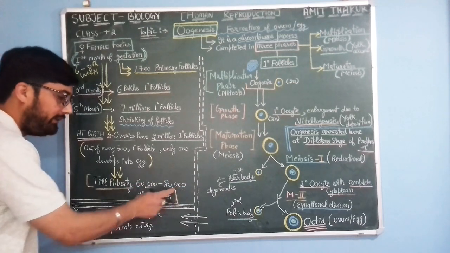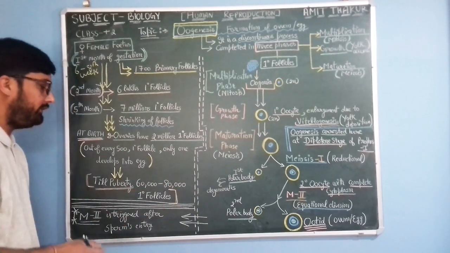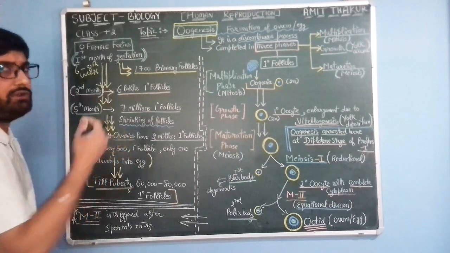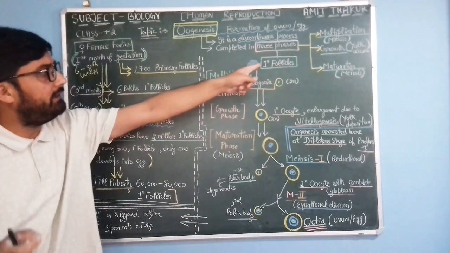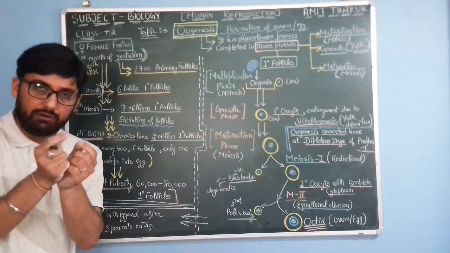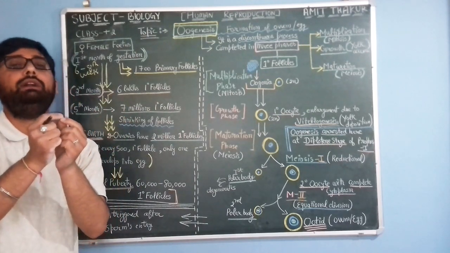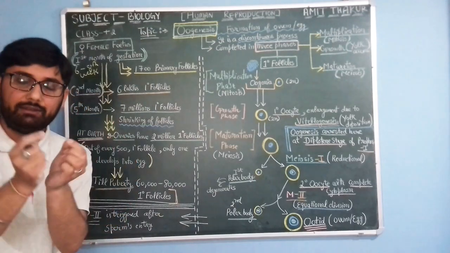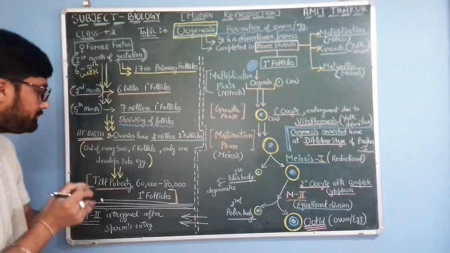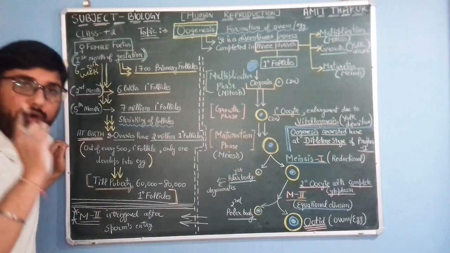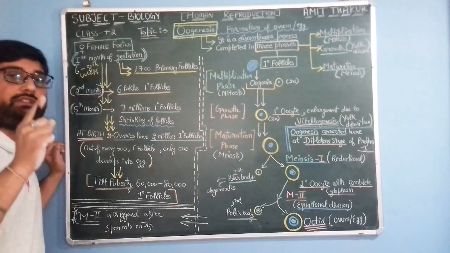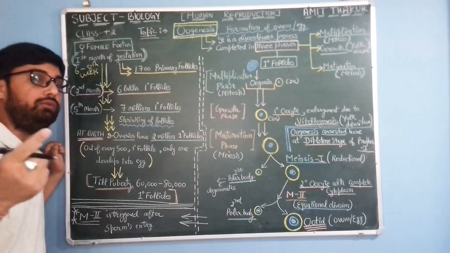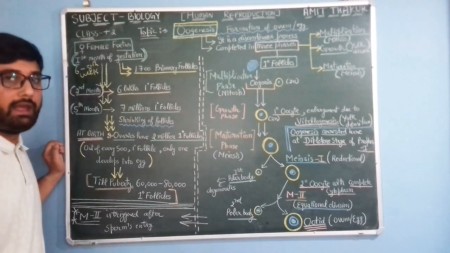And out of these 60 to 80,000 primary follicles, you can say there are clusters of primary follicles. Out of a cluster of 500 primary follicular cells, only one cell will change into a primary oocyte, secondary oocyte, then the egg.